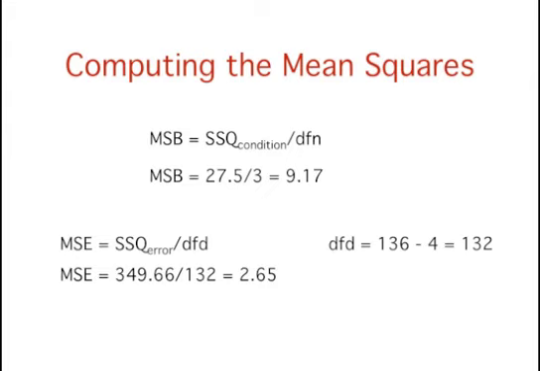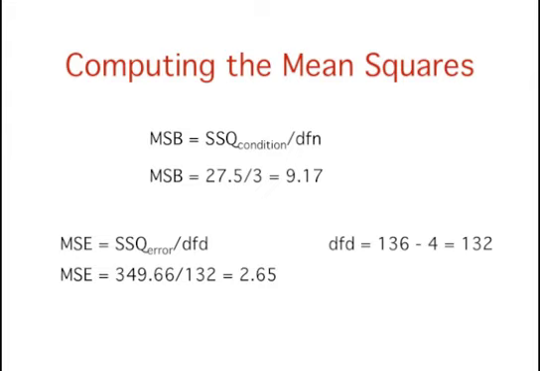Similarly, MSE equals SSQ error divided by DFD, where DFD is the degrees of freedom for the denominator and is equal to n minus k. For the smiles and leniency data, there are 136 total subjects and 4 conditions, so DFD equals 136 minus 4, which equals 132.